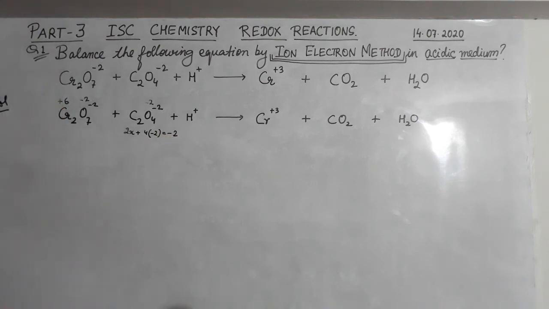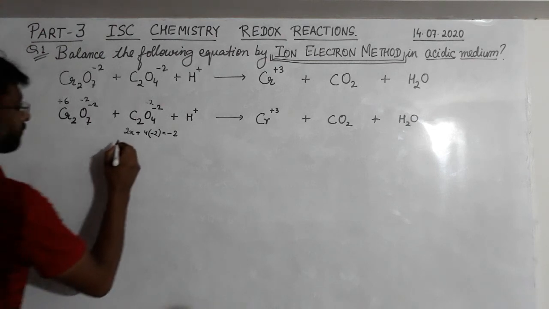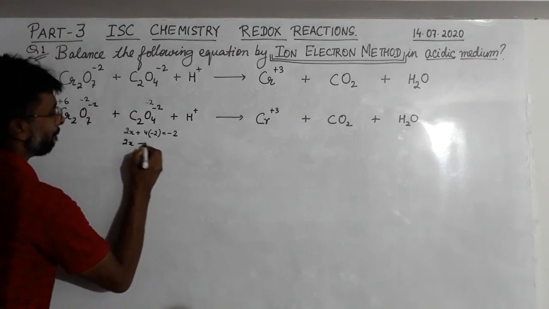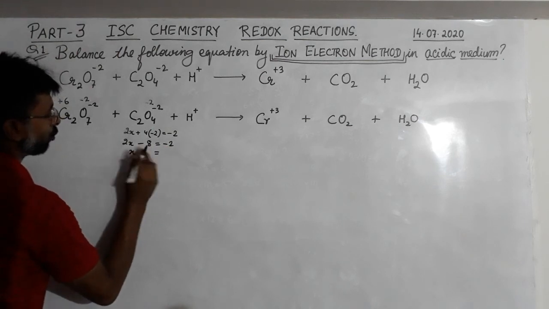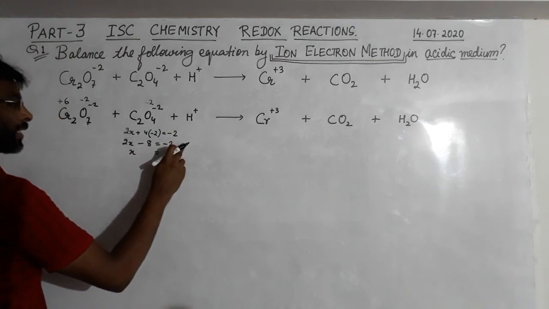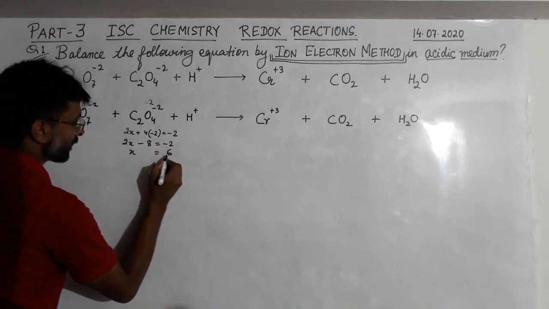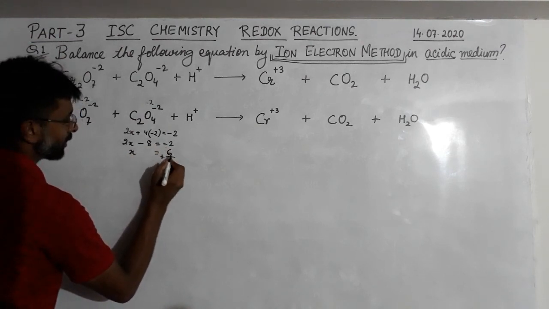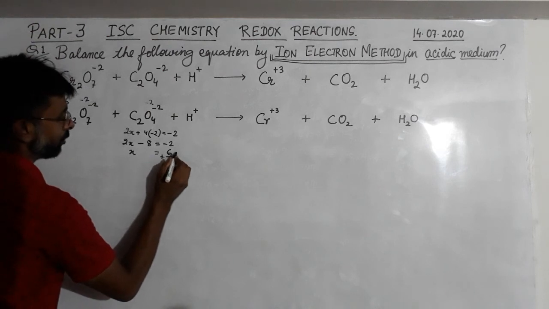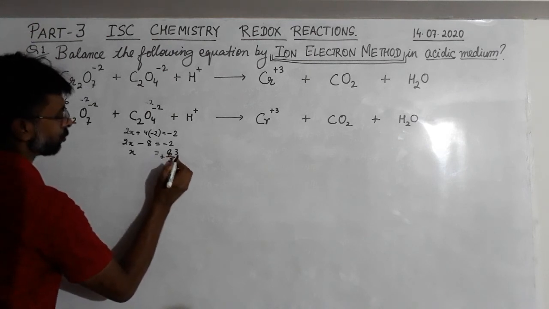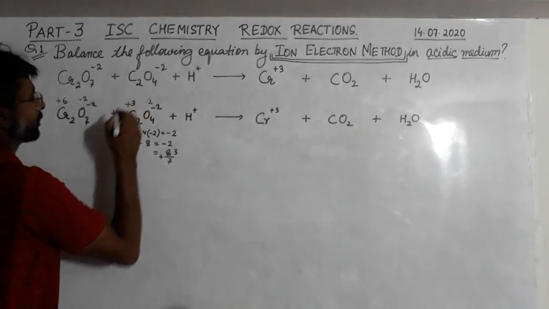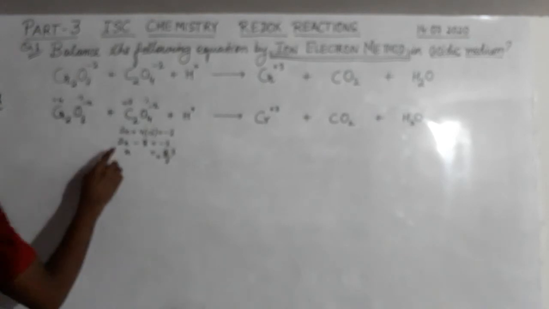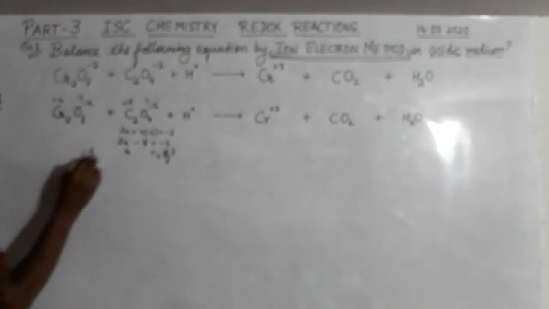So we have 2x minus 8 is equal to minus 2. This minus 8 goes that side, plus 8 minus 2 is 6. 6 by 2, so it comes to 3. So the oxidation number of carbon is plus 3. Check yourselves. This is the calculation. You can watch it very carefully.